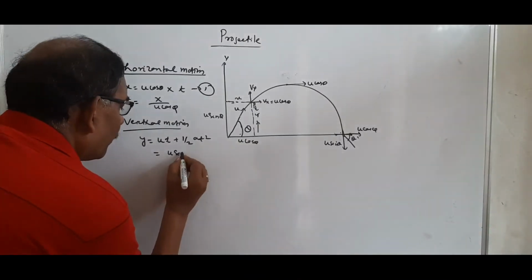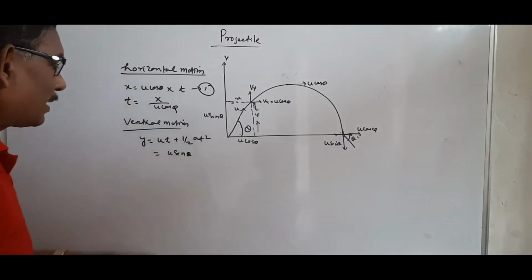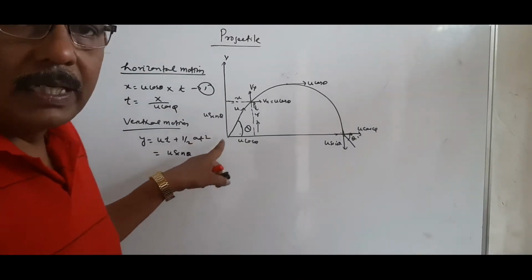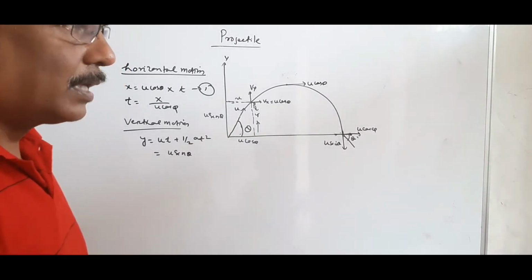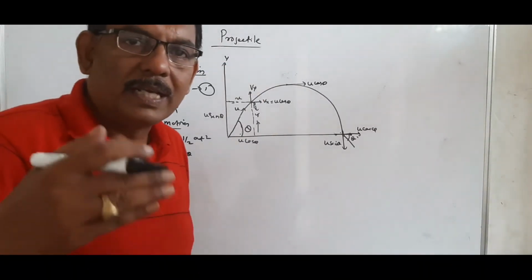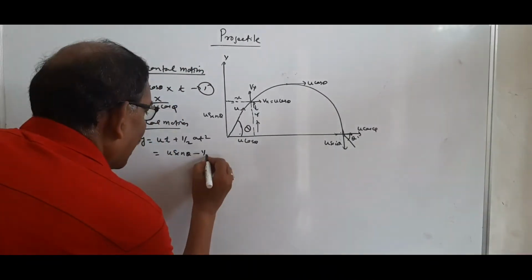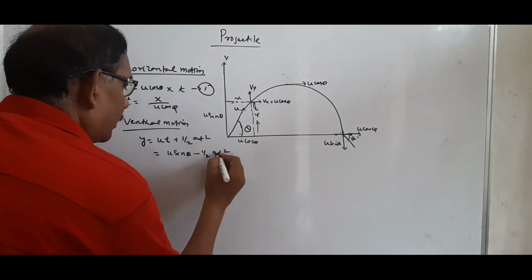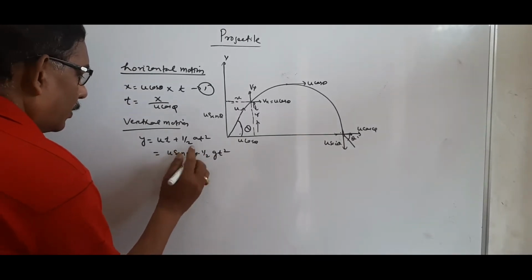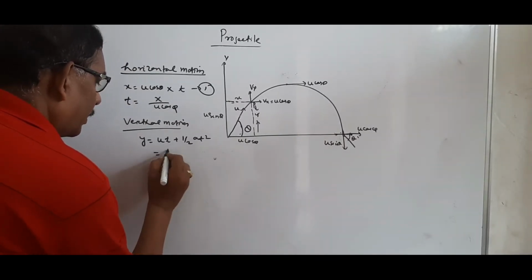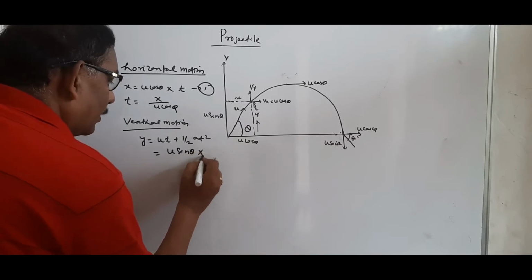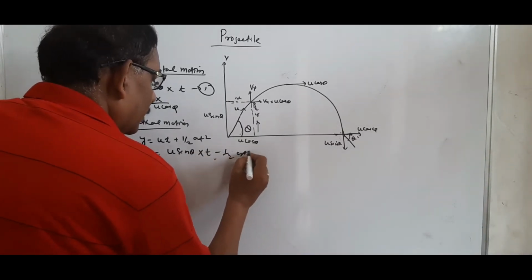So u sin theta, and take g in place of a. Here the body is projected vertically upward, so take g with a negative sign. So minus half gt square. It is u sin theta into t minus half gt square.